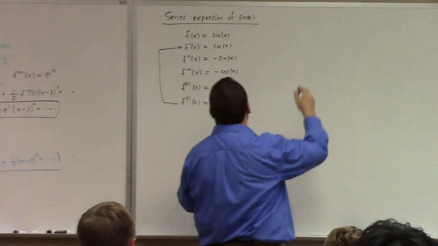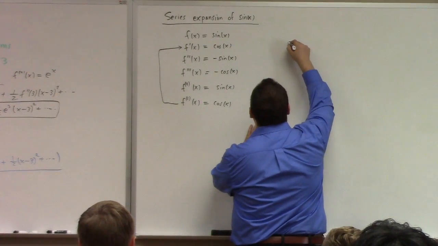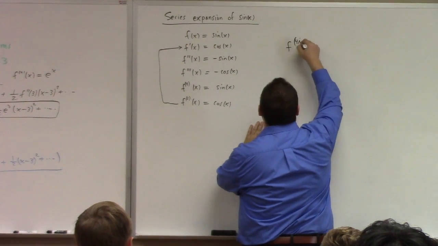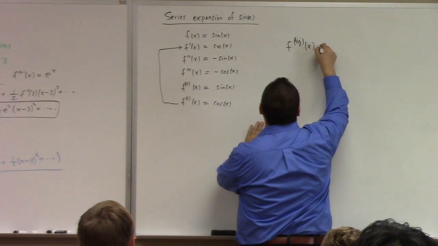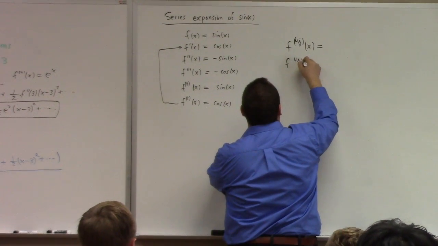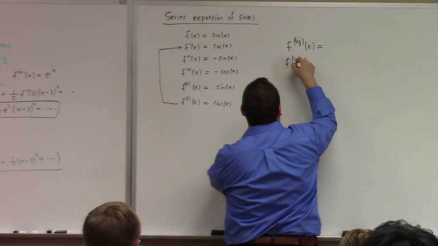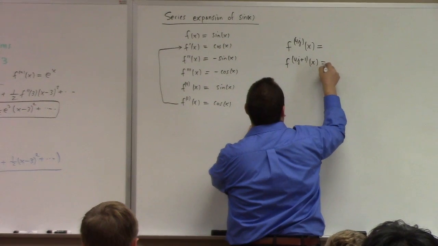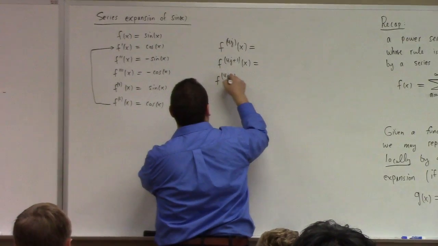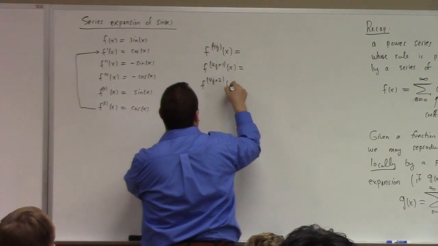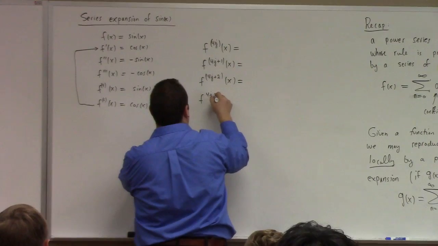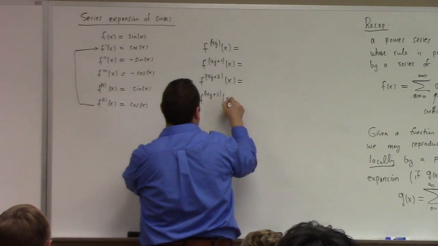So I could state this. I could tell you that if I look at the 4jth derivative at x, I just get what? If I look at the 4j plus 1th at x, I get what? The 4j plus 2th, and the 4j plus third derivative of x is equal to what?